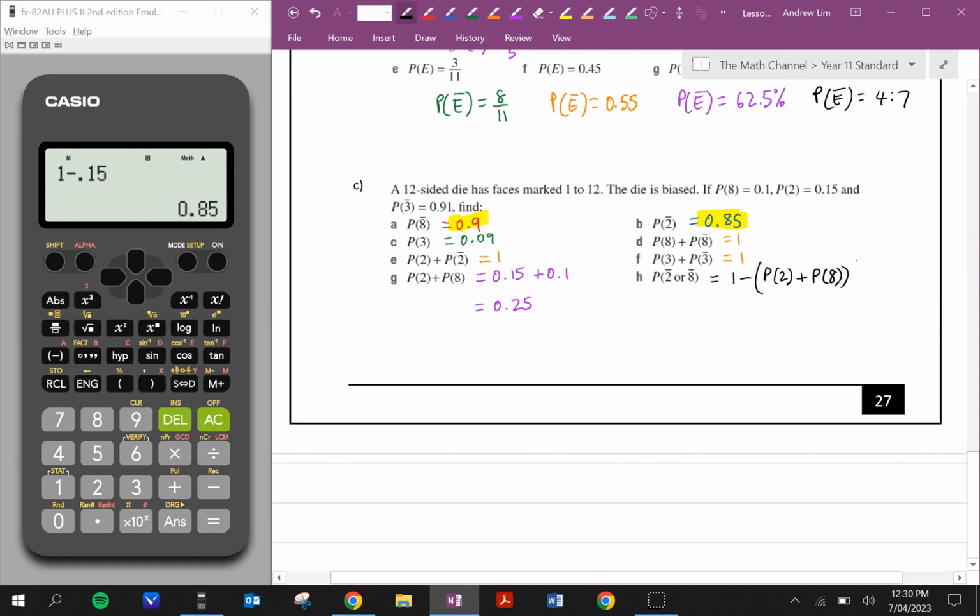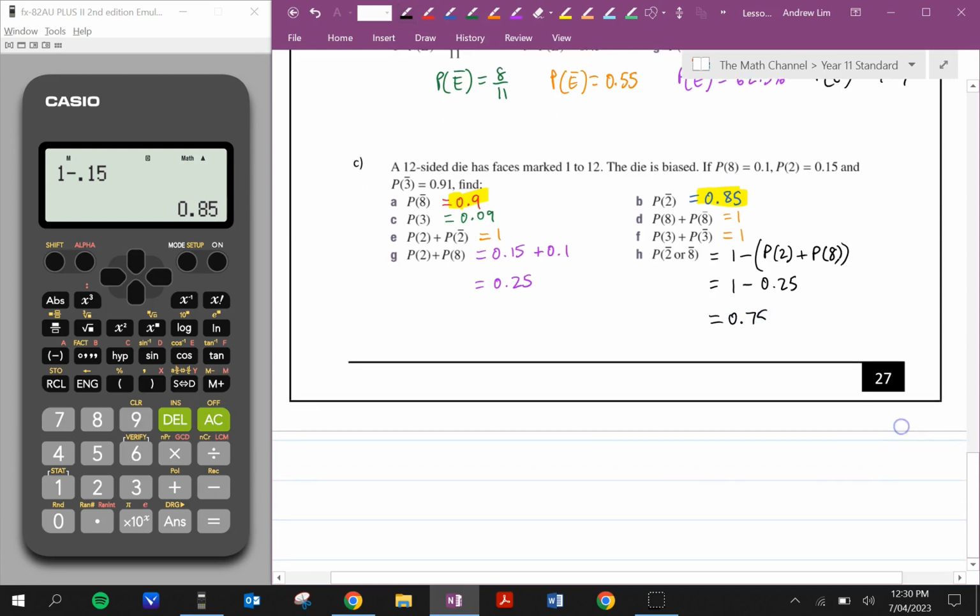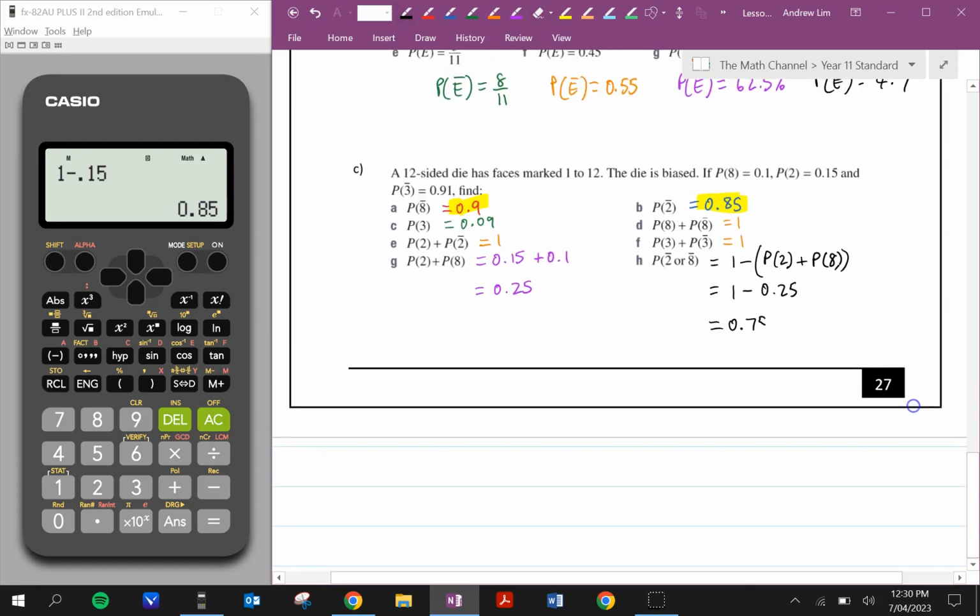So we need to do 1 minus whatever this is. Well, we worked out in G already that this is equal to 0.25. So the answer is 0.75. Don't know why my thing is laggy, but that should say 5.